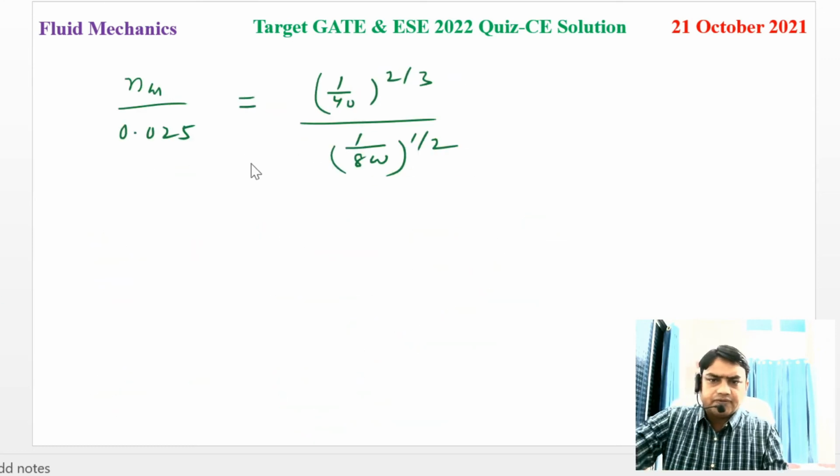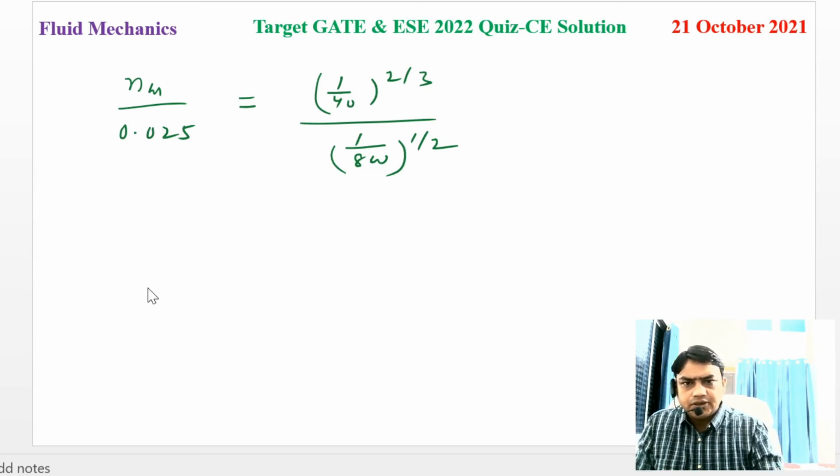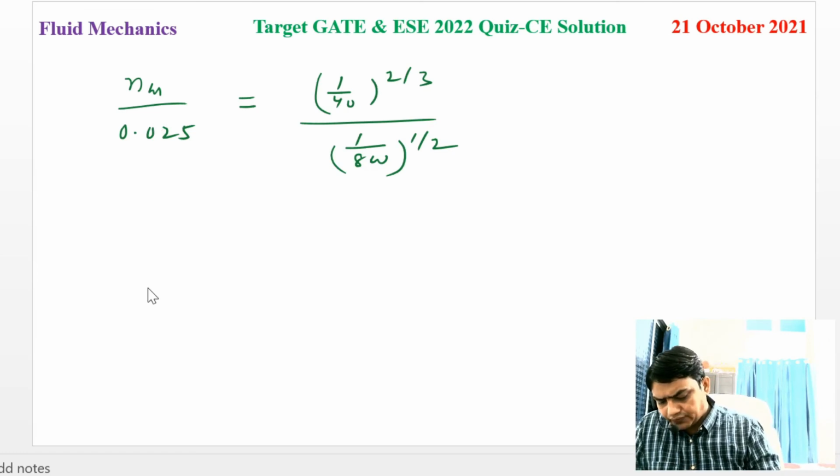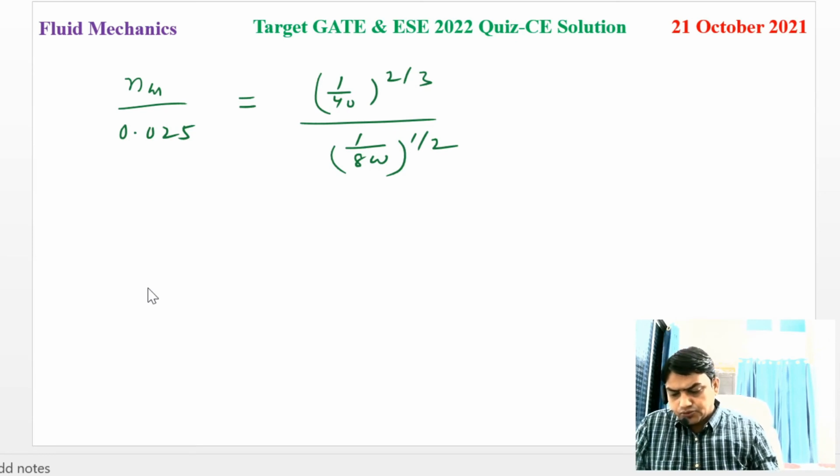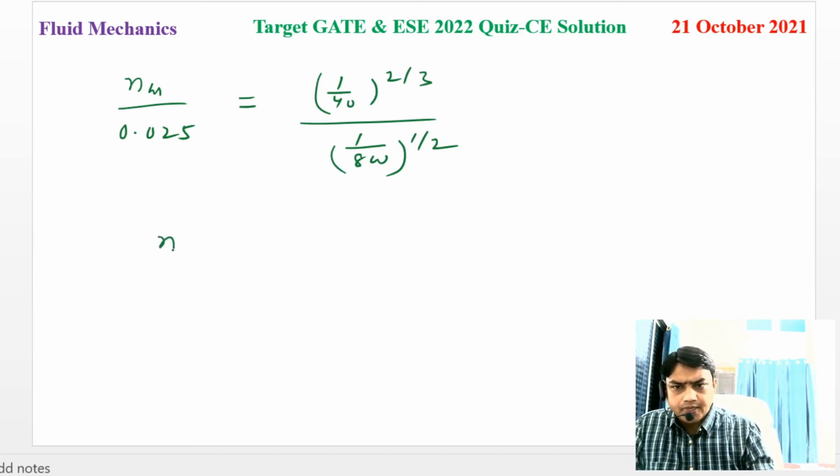So if I compute the value, it will be square root of 800 divided by 40 to the power 2 by 3. So it is coming 2.418. So NM by 0.025 is equal to 2.418.